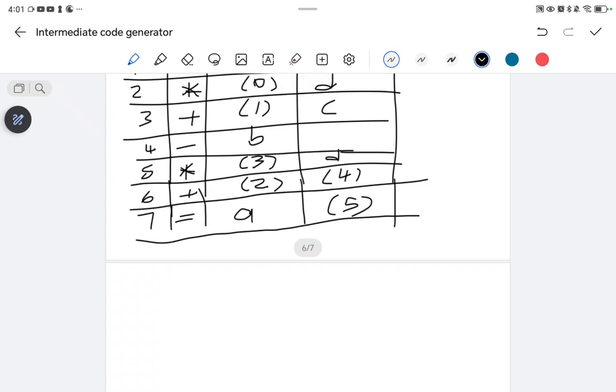So the first one that we have, let me see, we have that.